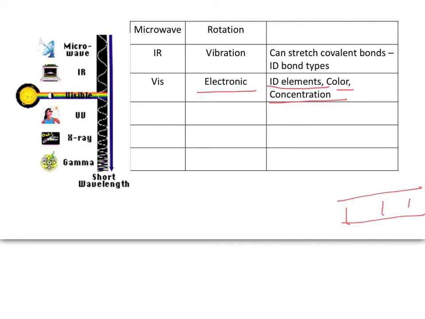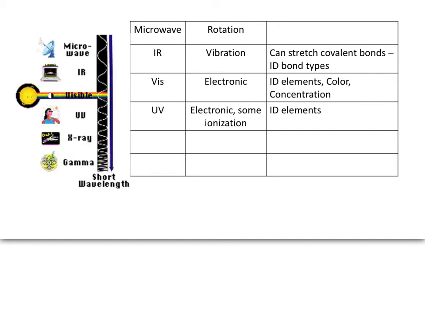All right, going up in energy, ultraviolet. You know it's higher in energy. You know that we are told to wear sunscreen when we're outside. It will also cause these electronic transitions that cause electrons to be energized, but it also involves some ionization. And what I mean by that is if I have an element, let's just call it element A, and I give it some energy, it becomes a positive ion and it loses an electron.